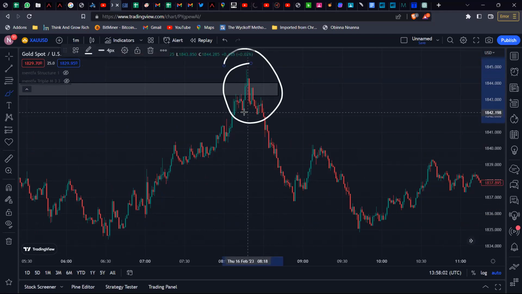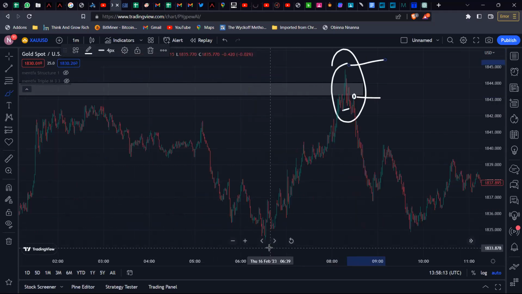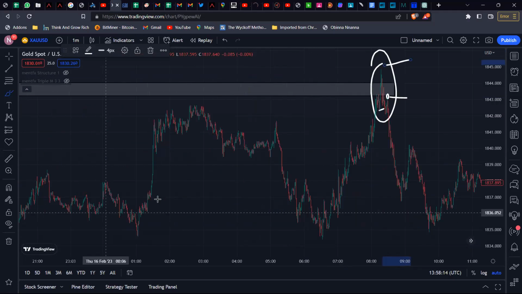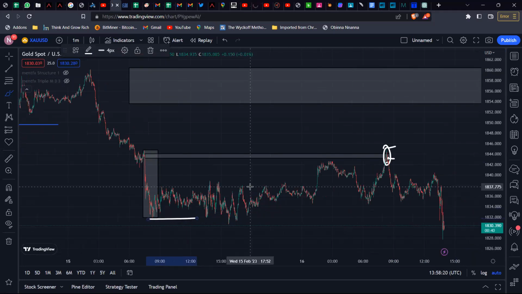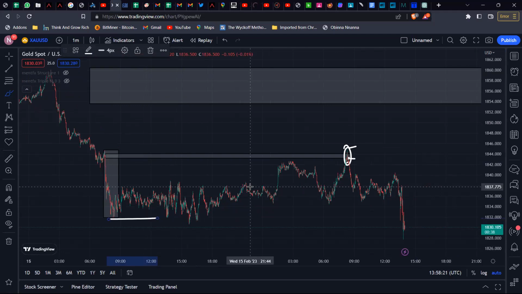And you can see we got that confirmation here. We had the break of structure. Price came back. We tested that area again. And then that would have been an area to get involved in a sell, maybe stop loss above here and target back down the lows, this overall low here, at least on this 1 minute time frame. You could even use the higher time frame low as a reason to even get involved in that trade, right?